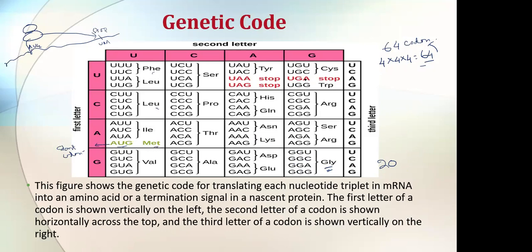They don't represent any amino acids. So 61 codons represent the 20 amino acids, because the start codon actually represents an amino acid, but the stop codons don't.